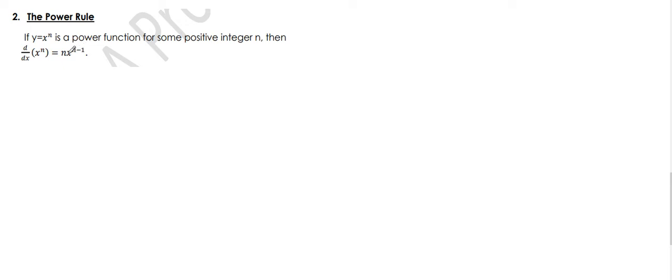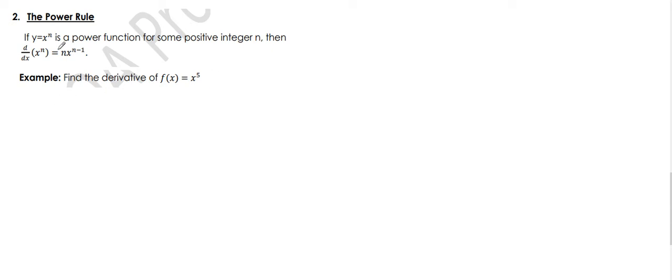Okay, so tignan natin, magbigay tayo ng example para mas malinaw. Let's find the derivative of f of x equals x raised to 5. So here, our n is 5. Tama?